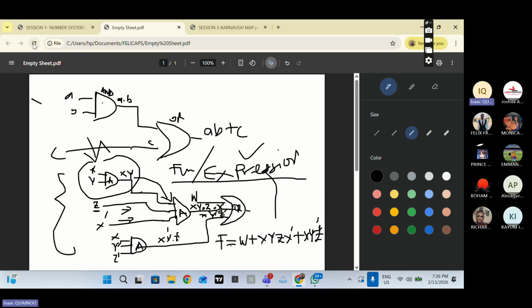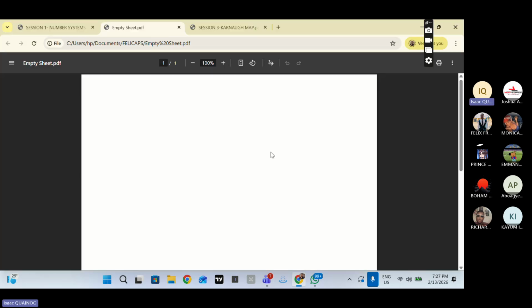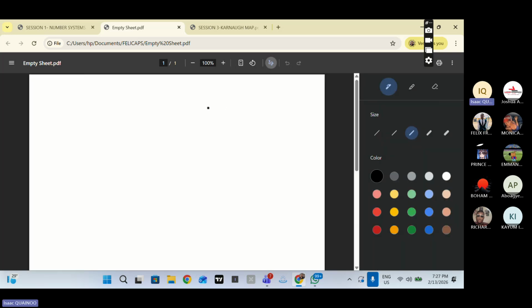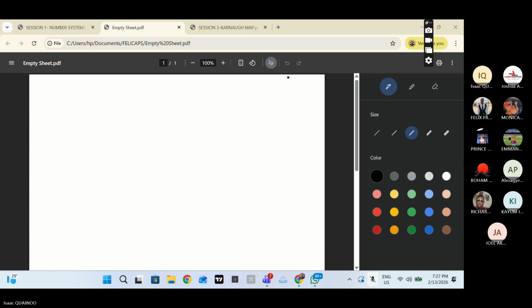All right, so we can now progress to today's theme. So we ended at, I think, we looked at SOP expressions and POS expressions.